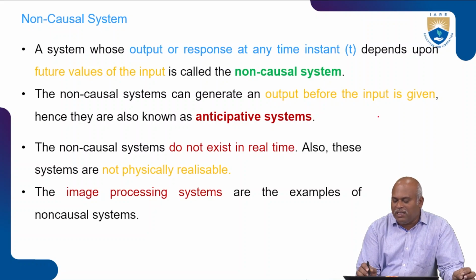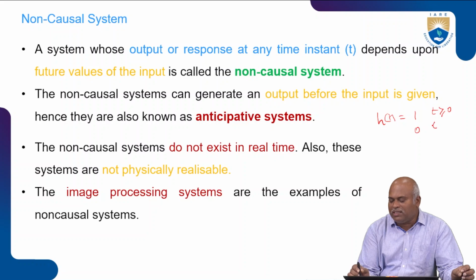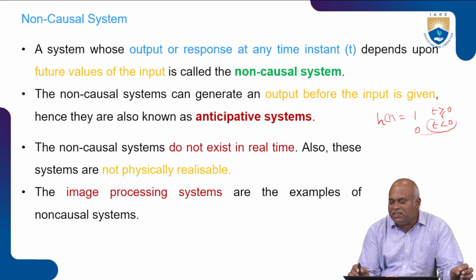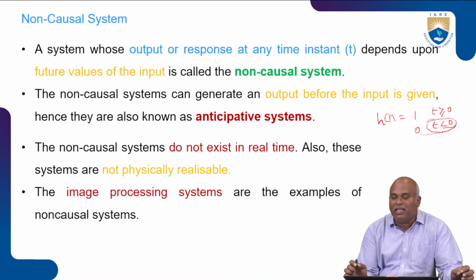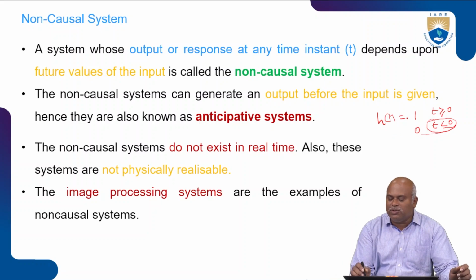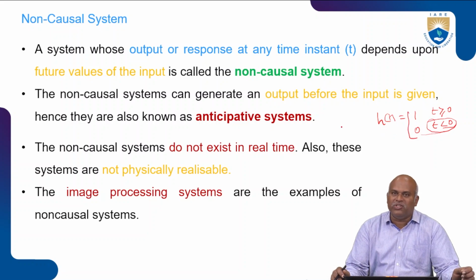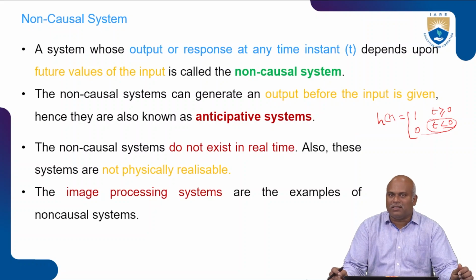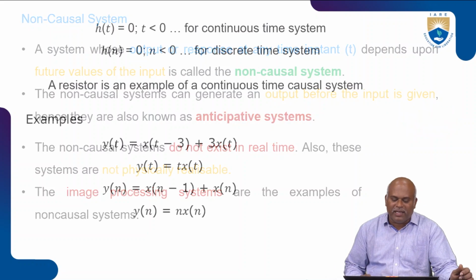If we take h of t, this value is equal to 1 when t is greater than or equal to 0, and 0 when t is less than 0. That means t less than 0, the negative values, are called future values. So if the system produces the output as a future value, then the system is called a non-causal system. For example, we take the previous one.